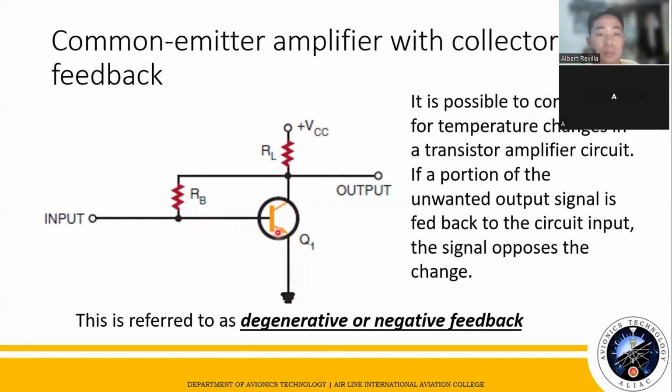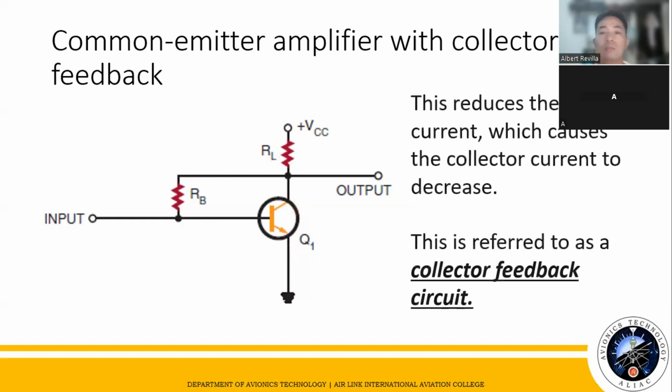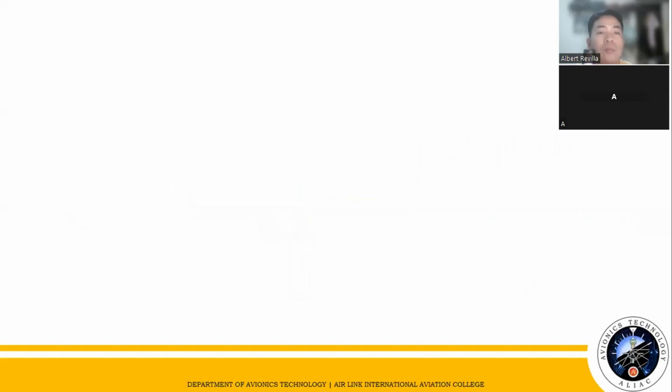Kaya, lumalabas na output nito ay maliit lang din. So, this reduces the base current which causes the collector current to decrease. So, this is referred to as collector feedback circuit.